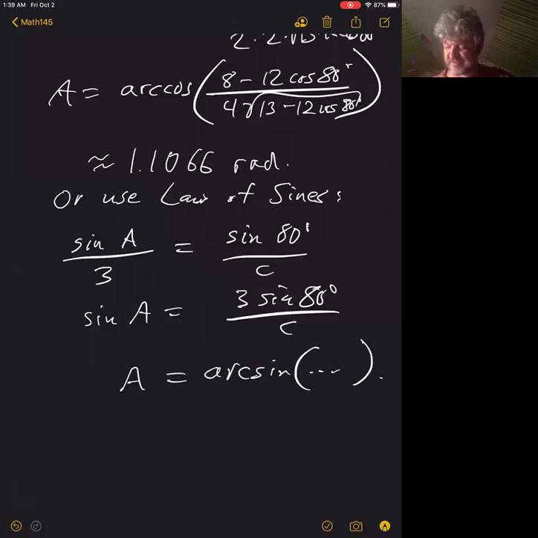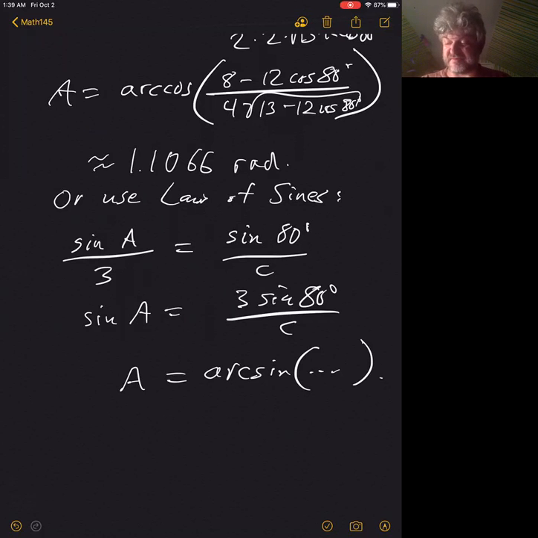That whole thing. And I've got a bit of a problem with that procedure because there are two angles between 0 and 180 that have the same sine value. So knowing the sine value doesn't really nail down the angle. There's two choices for the angle A, and they are symmetric about 90 degrees. One of them is less than 90, the other one bigger than 90.